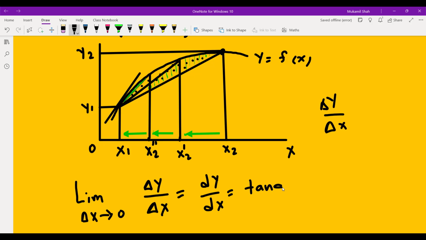By tangent we mean a straight line which touches the graph at a single point. And this tangent is nothing else, this is the derivative of the function. This is the tangent, and this is nothing else, this is dy by dx.